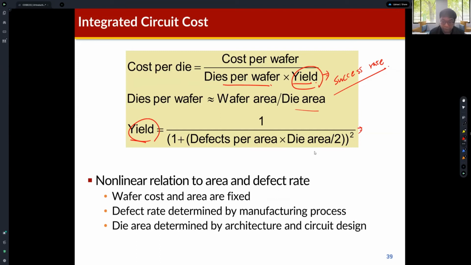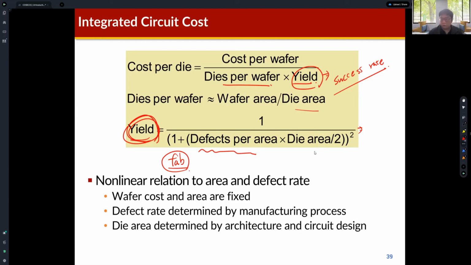So what does that mean? Actually, the yield is determined by defect per area, so it is determined by semiconductor technology. We cannot control this technology because these semiconductor technologies are developed by fabs. A semiconductor factory is called a fab.